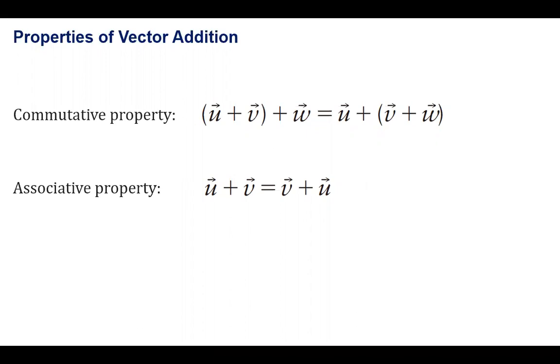Also, vector addition fulfills the associative property. That means the sum of vector U plus vector V equals vector V plus vector U. You can change the order of the two vectors. This can be easily proved by using the triangle method or the parallelogram method, right?